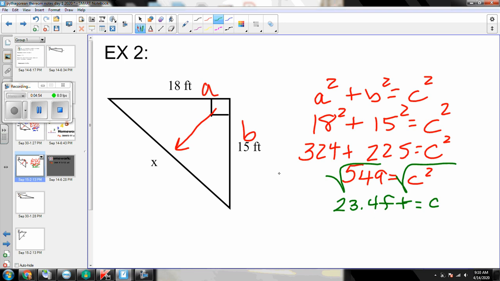When you use your calculator, if you need help taking the square root, what you do is you hit the little light blue second key, then you hit the x to the second key, and then you put in 549. So the light blue second key at the top left, then x to the second, then 549, that will give you the square root of 549, which will be about 23.4 feet.